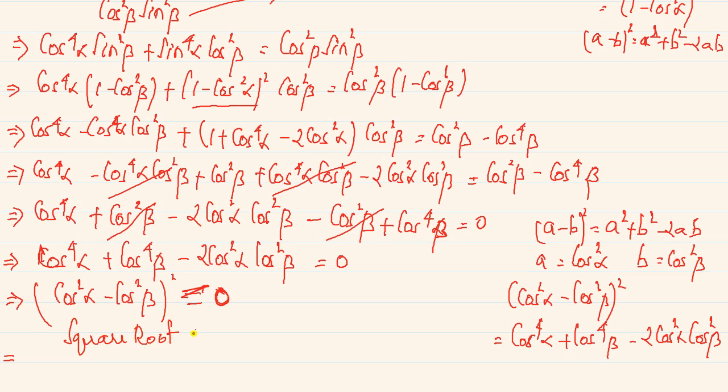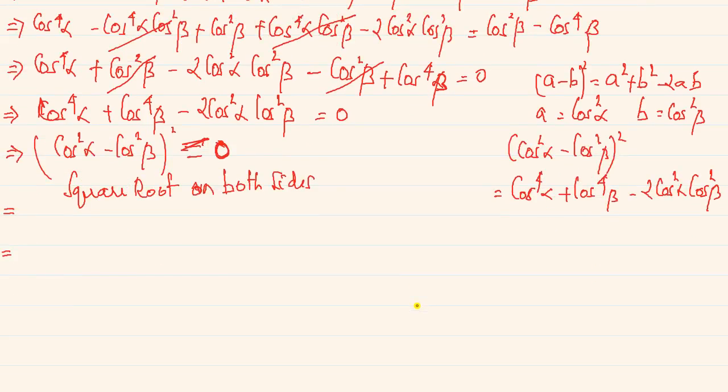take the square root on both sides. We have to remove the square. So to remove the square, we have to take the square root on both sides. So square root on cos square alpha minus cos square beta the whole square equal to square root of 0, which is 0.